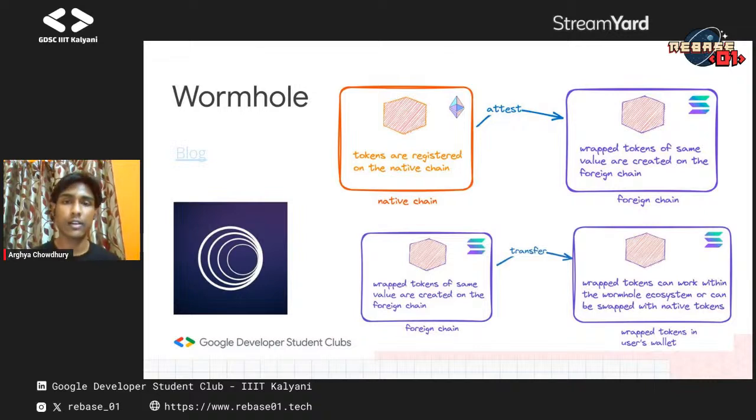First, the Ethereum from your Ethereum mainnet will be locked, and then the wrapped ether will be minted on your Solana blockchain. These wrapped ether are basically ether on the Solana blockchain, and they will work just like Solana's native token or any other native token it has.